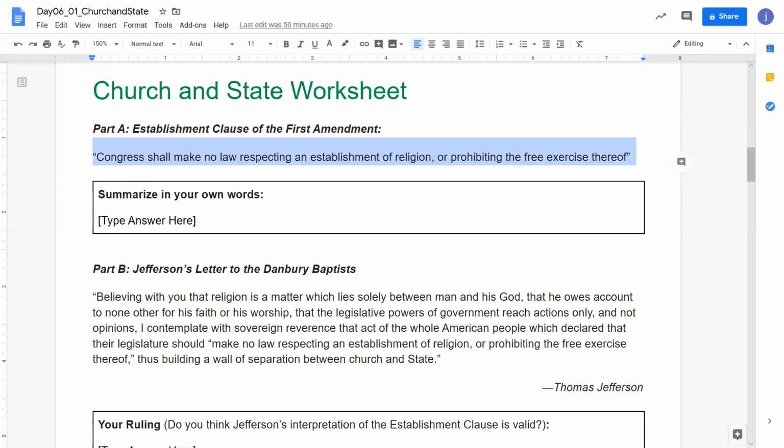It says here, Congress shall make no law respecting an establishment of religion or prohibiting the free exercise thereof. The only thing you need to do in part A is to summarize in your own words. So I'll break down that establishment clause for you, and then use that to create a summary in your own words.